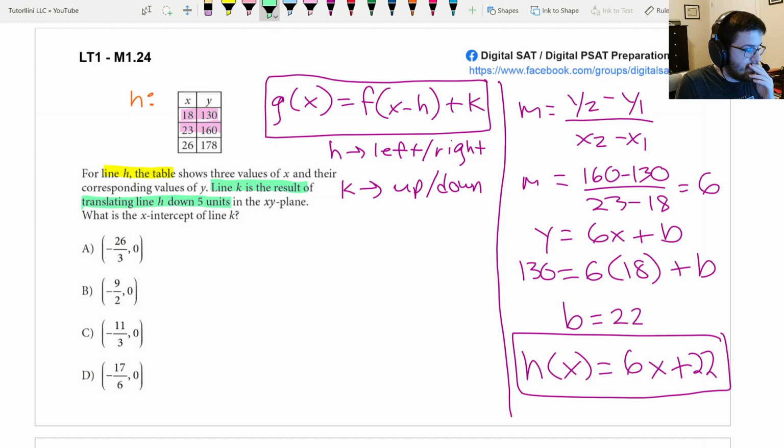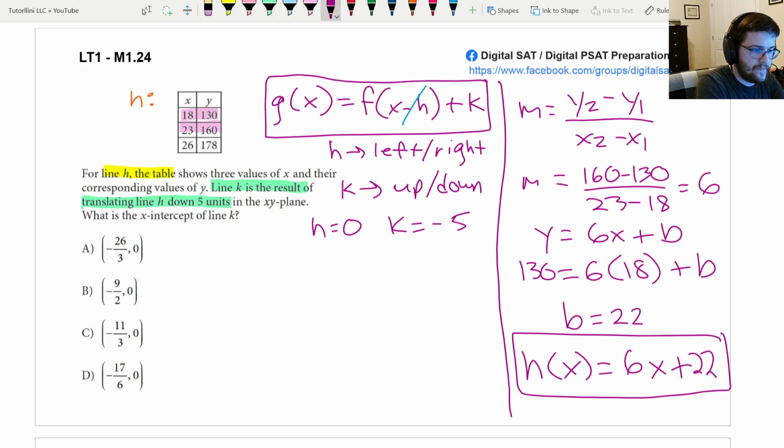This one doesn't tell us to shift left or right, so h is just going to be 0, so we just don't care about that. And it tells us to go down 5. So left is negative for h, down is negative for k, so k is going to be negative 5.